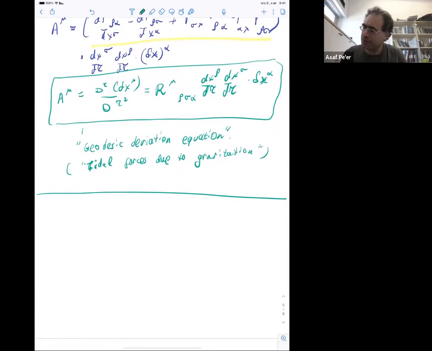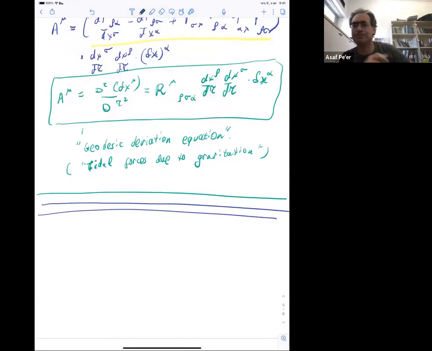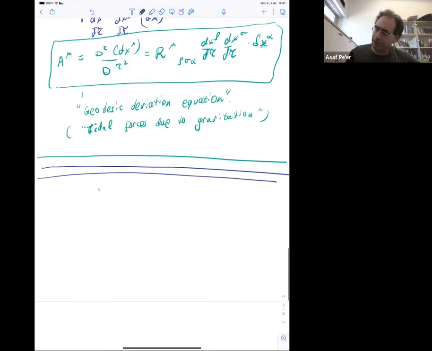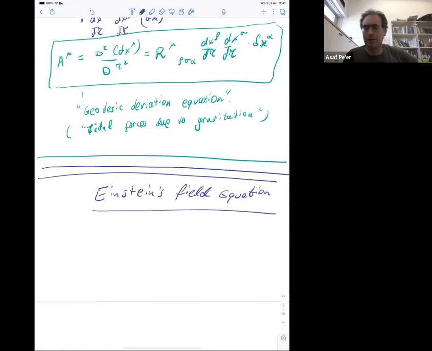So, under the very reasonable assumption that everything is now clear in your head, we finally have everything we need to derive Einstein's third equation, which is the next subject.